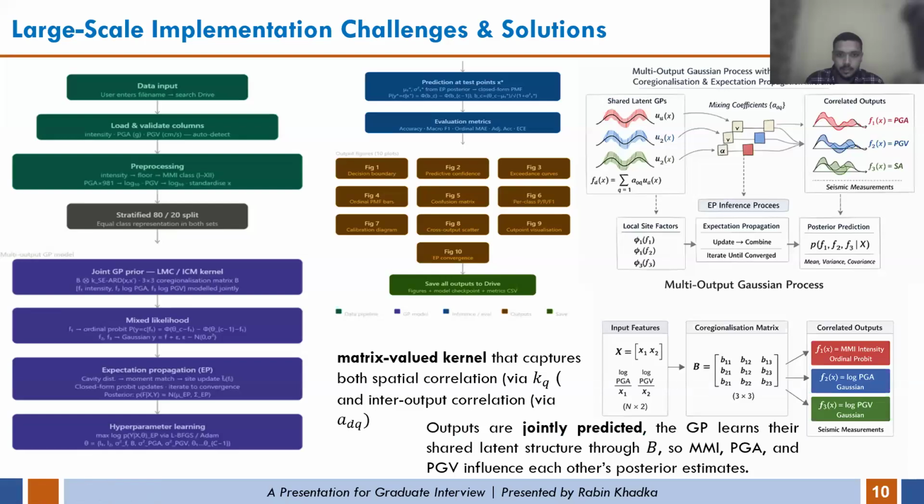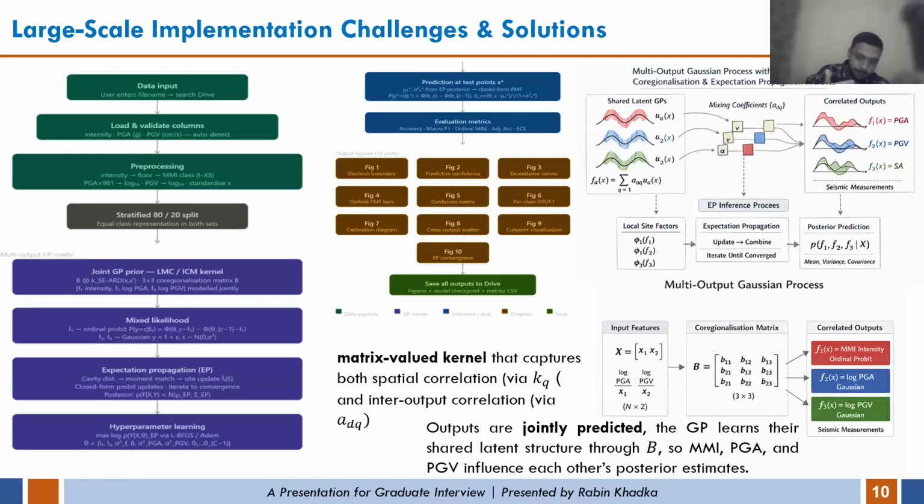And there is something that I'm currently planning and figuring out and studying, and that is, I'm trying to correlate MMI with PGA and PGV, and in that part, I should also try to correlate their relation, because one affects another.